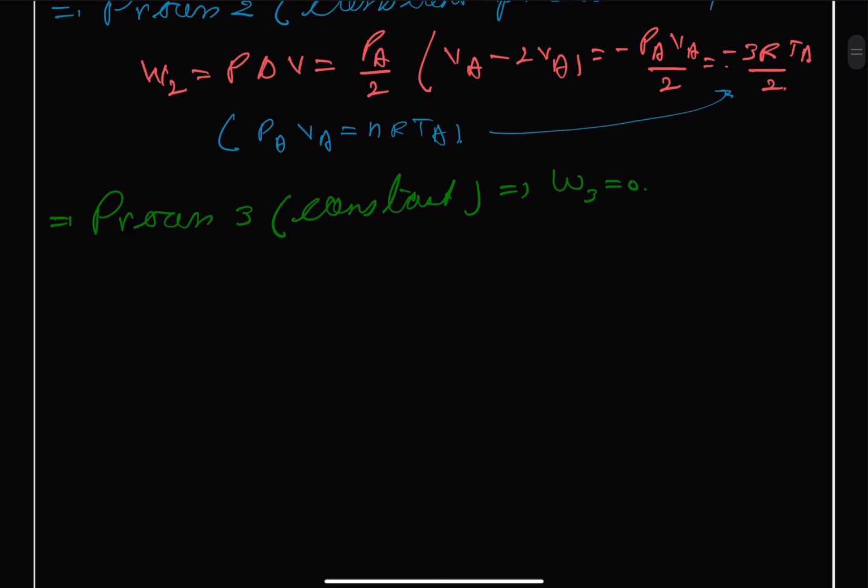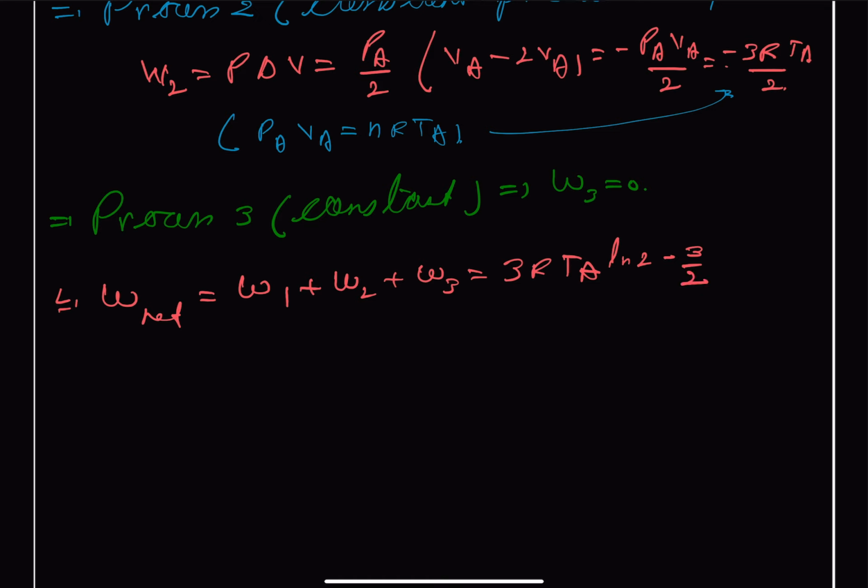Thus we can say that our net work done, W net, will be equal to W1 plus W2 plus W3, and this comes to us as 3RTA natural log of 2 minus 3 by 2 RTA.